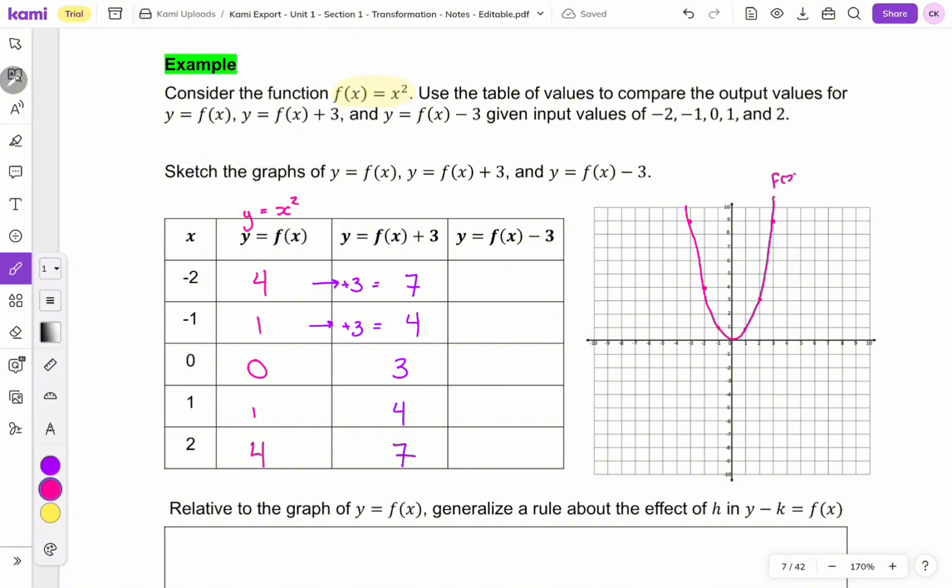So again, this one's our parent function. Now what used to be -2 and 4 is now -2 and 7. What used to be -1 and 1 is now -1 and 4. So we get our new parabola. You can see all I've done is taken every output and moved it up 3 units.